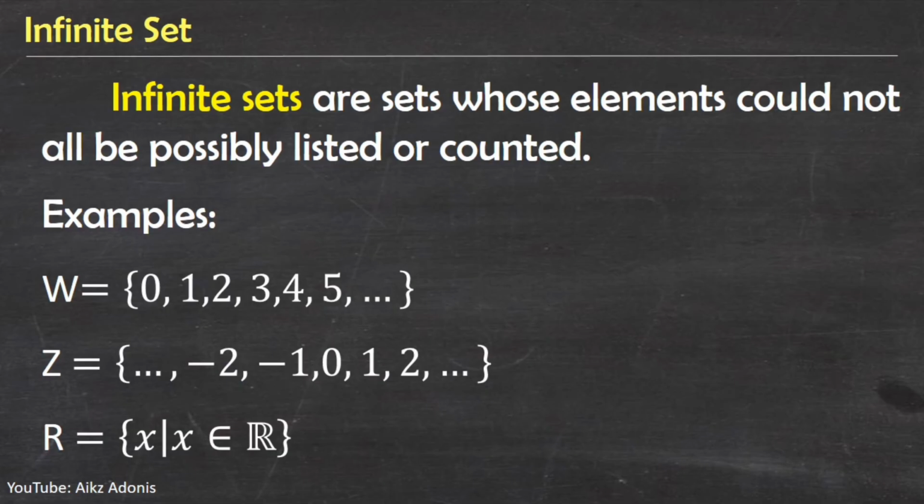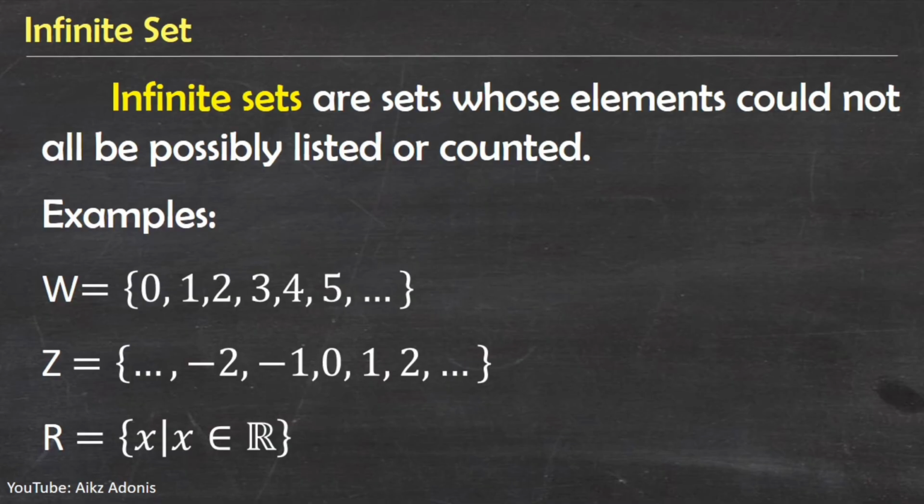How about infinite sets? Infinite sets are sets whose elements could not all be possibly listed or counted. For example, the set of whole numbers, the set of integers, and the set of real numbers.